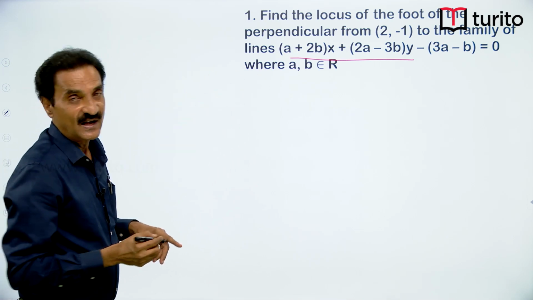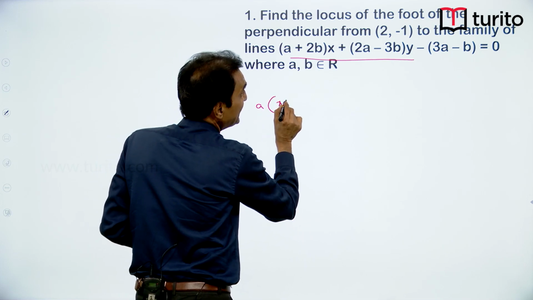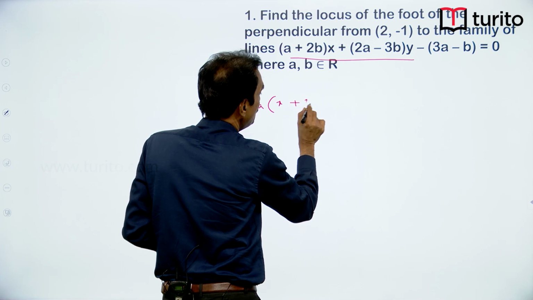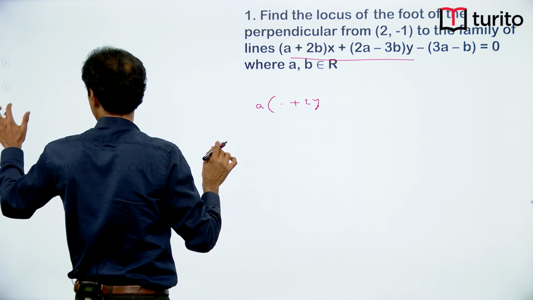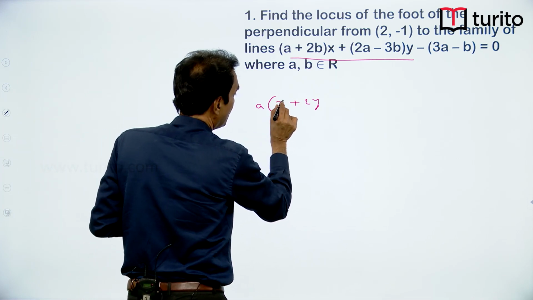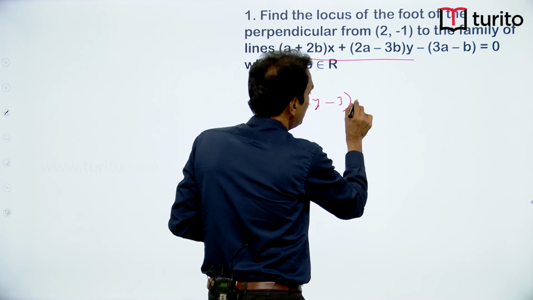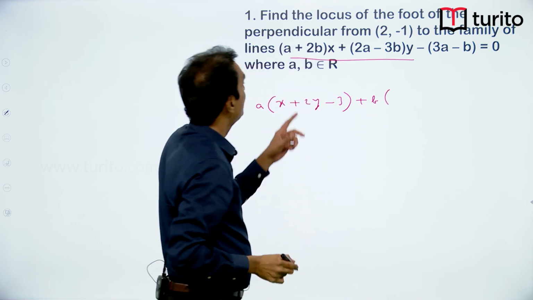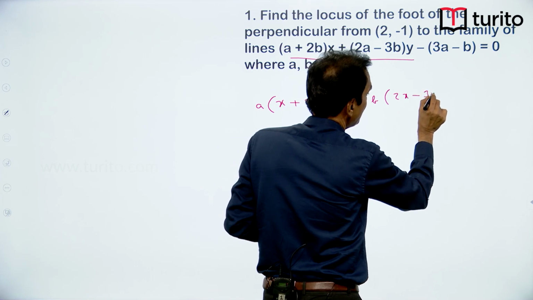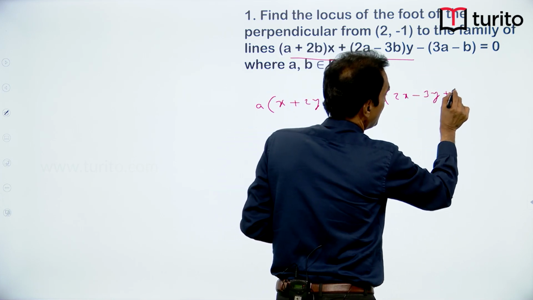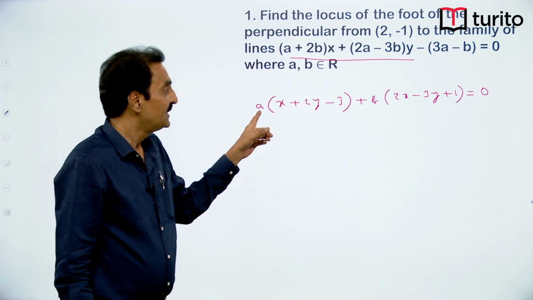You can write this equation as a(x + 2y - 3) + b(2x - 3y + 1) = 0. This is the equation of the family.